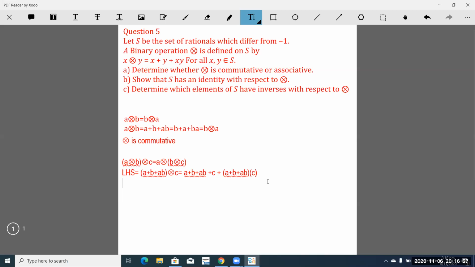Let's see if it gives us the same for our right-hand side. The right-hand side is A circle X (B circle X C). What's B circle X C? It'd be B plus C plus BC. So then what is A circle X (B plus C plus BC)?